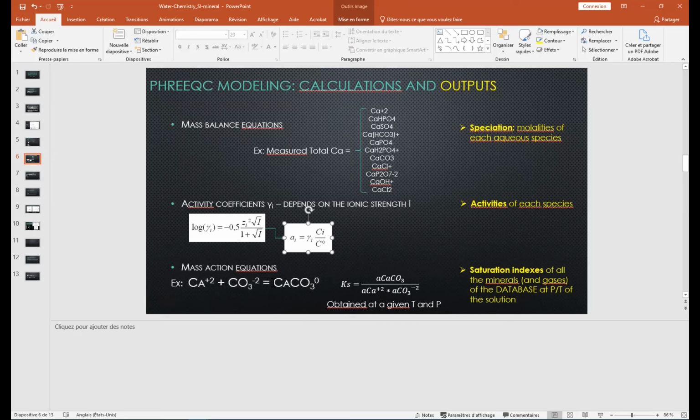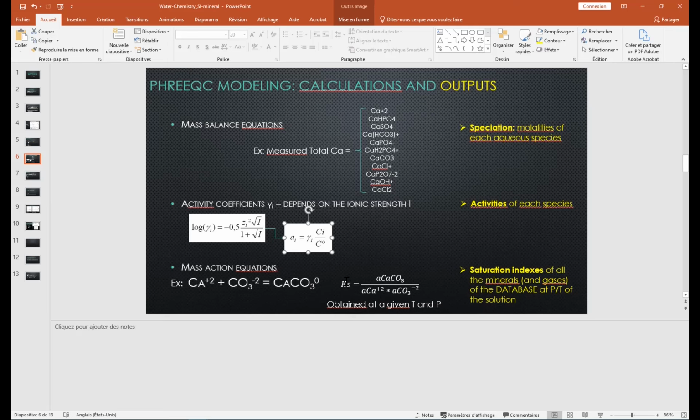It also calculates all the equilibrium reactions with gases and minerals in the database. For example, for the carbonates, it will calculate, based on the equilibrium coefficient of the reaction in the database, the reaction of production of carbonates.